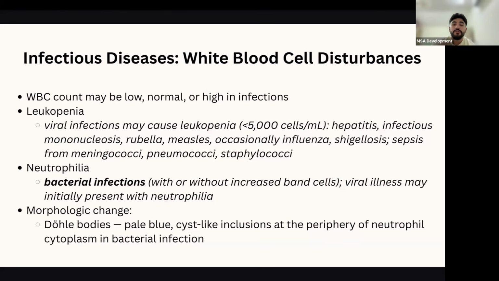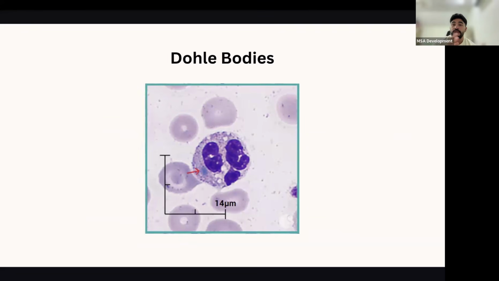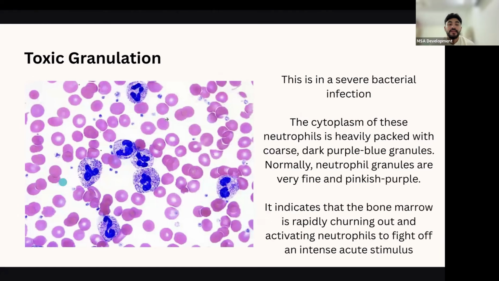All right, now there are some morphological changes that you need to keep in mind when it comes to neutrophils in bacterial infections. First of all, this is what we call the Döhle bodies. So it's basically this blue coloration here on the side, right here. Then we have toxic granulation.